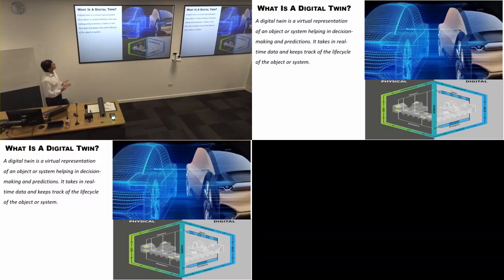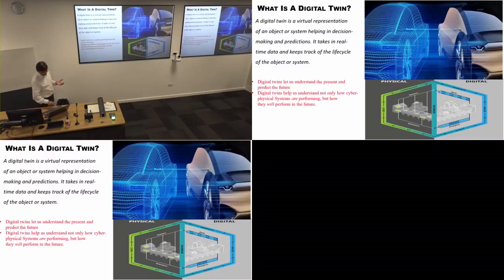So the digital twin is to some extent not a static copy of an object. Rather, as the object is changing or evolving, theoretically digital twins should be changing as well. Having said that, digital twins let us understand what the current configuration or operational capabilities of cyber-physical systems are, but they also help us predict the future.